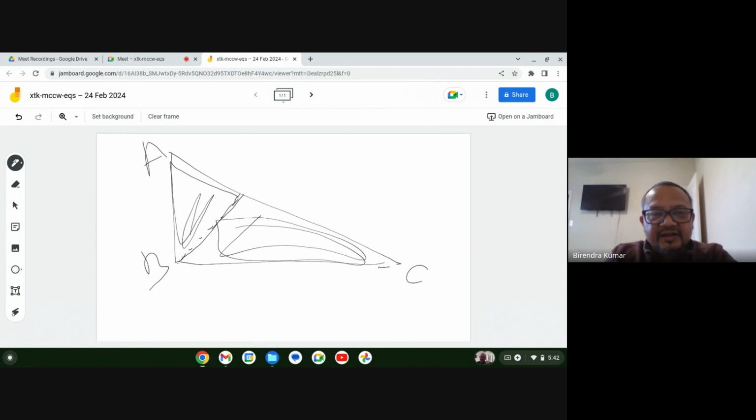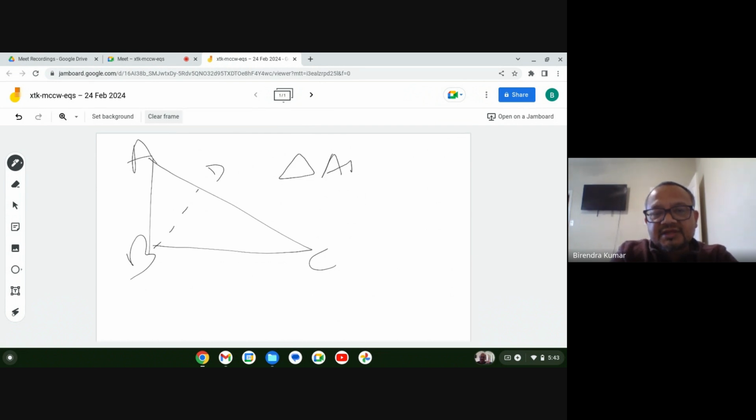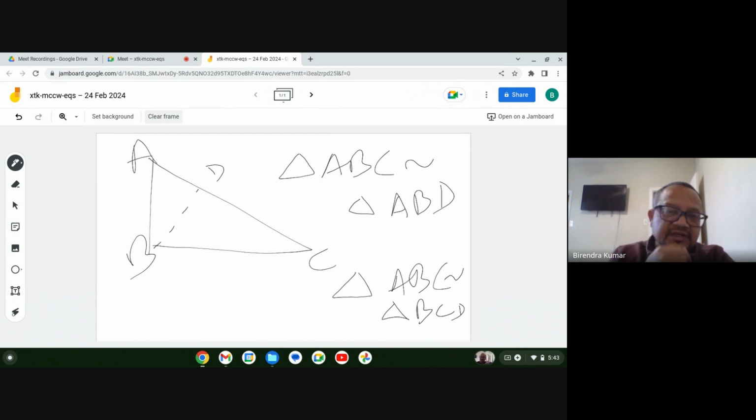And both the child triangles are similar to the parent triangle ABC. So I can say this is ABC, and let's say this is D. I can say triangle ABC is similar to triangle ABD, and I can also say triangle ABC is similar to triangle BCD. Can I say so?